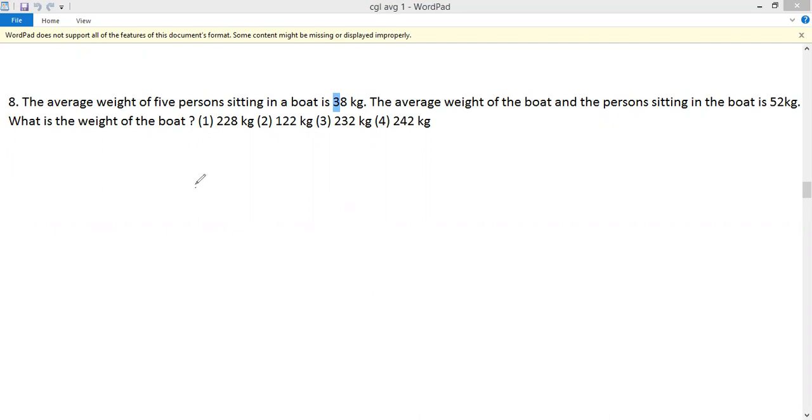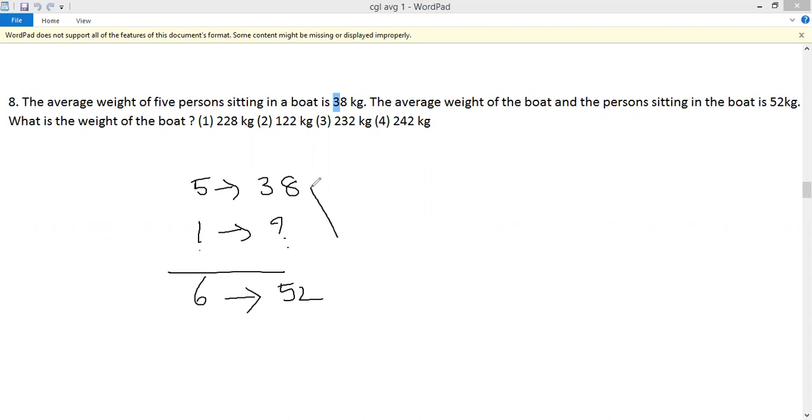See here. 5 persons, the average is what? 38. Next, one person is sitting. This we have to find. What is the average of 6 persons? The average is what? 52. So a new person has come. He is increasing the average by how much? 14. Right?